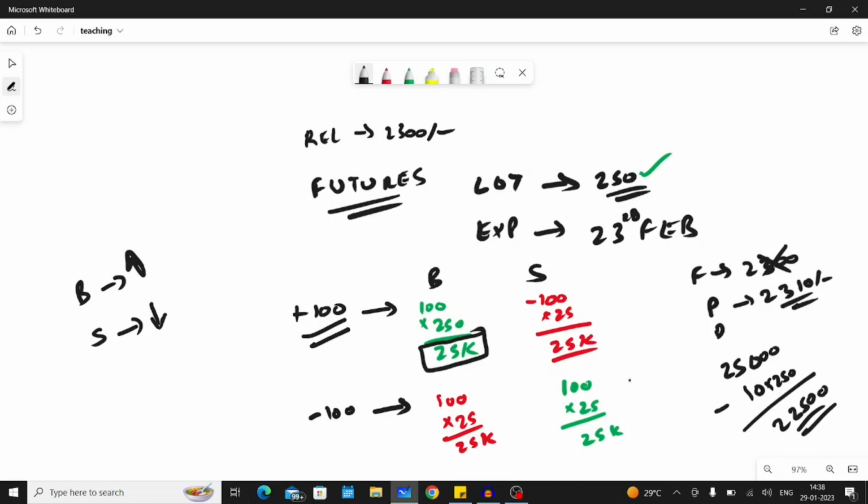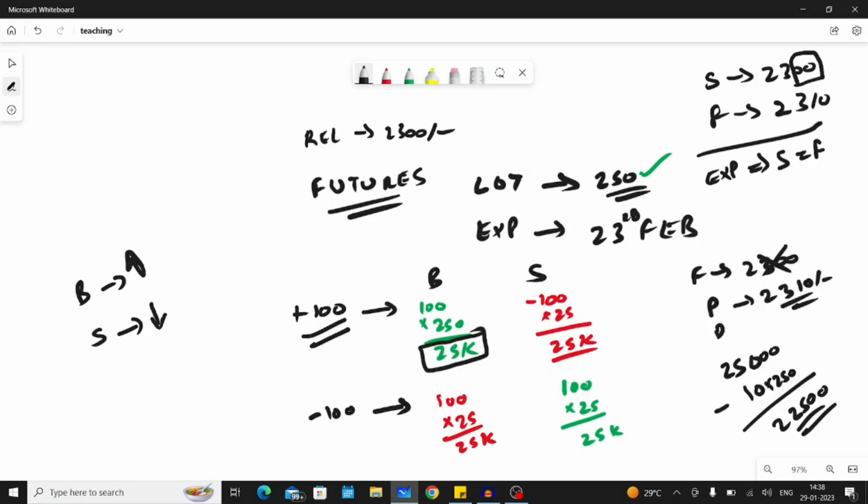Why? Because the spot price is 2300 today. The futures price is 2310 rupees. But on the expiry date, the spot price should be equal to the futures price. So this 10 rupees difference should not be there on the date of expiry.